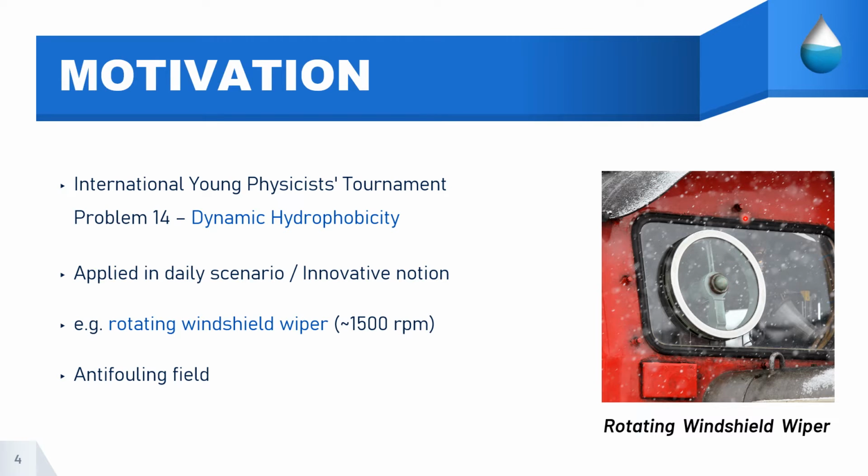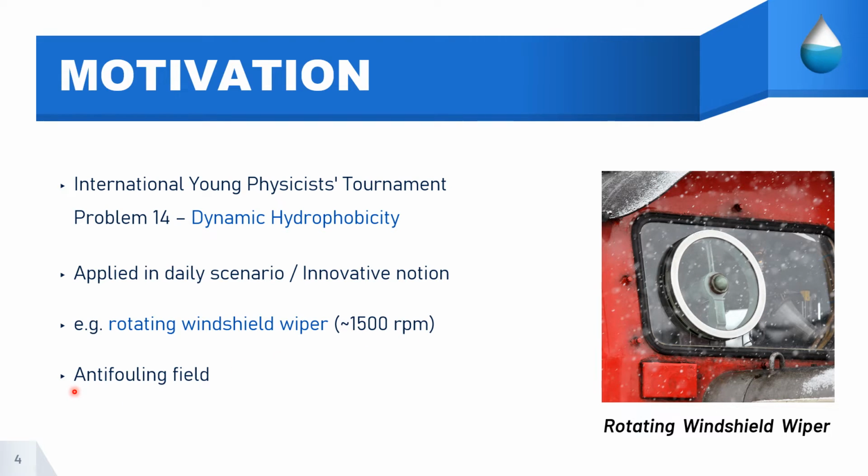So when it's raining or snowing very heavily outside, this piece of window started to rotate very fast, like about 1500 RPM. And by doing this, you can prevent the snow or any rain stay on this piece of window, so you can always have a very clear sight to the road in front of you.